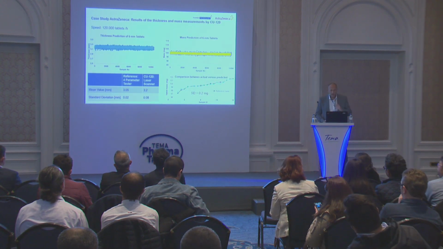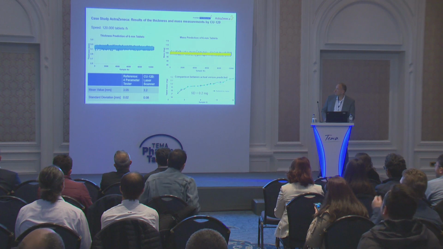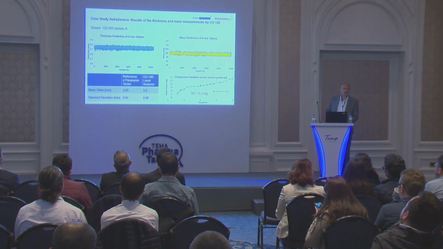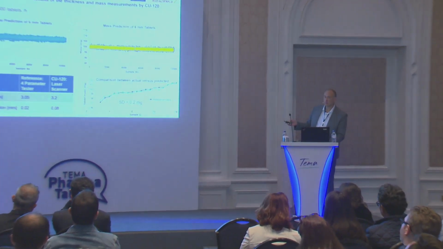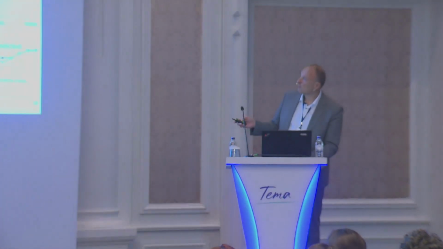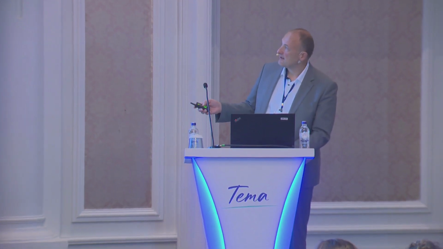Let's go to the first results. What we applied here is a long-term run with a maximum speed in the CU120 with 120,000 tablets an hour. Here you see the tablet prediction of the 6mm tablets in terms of the tablet thickness. This is the reference with the 4-parameter tester, and this is the result from the laser scanner.